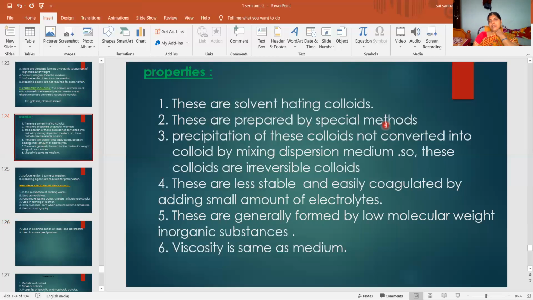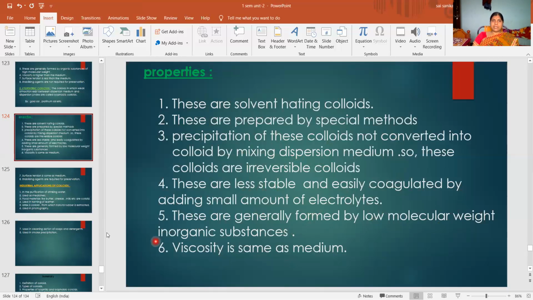These are solvent hating colloids. These are prepared by special methods. These are irreversible colloids because they are not converted into colloid by mixing dispersion medium. These are less stable and easily coagulated by adding small amounts of electrolytes. These are formed by low molecular weight inorganic substances.